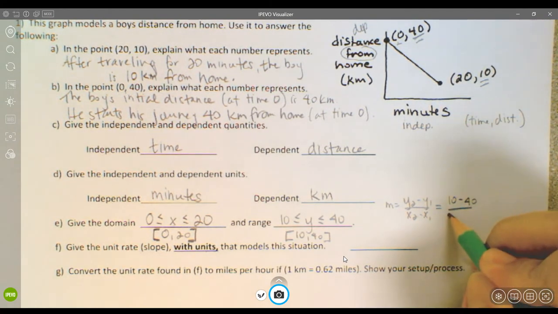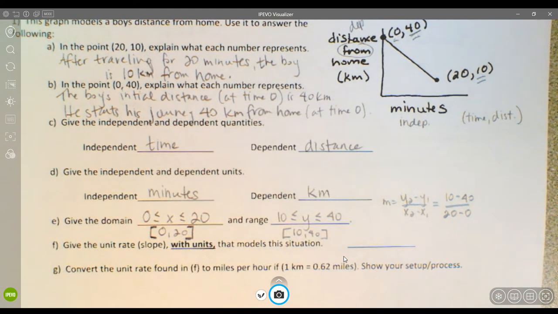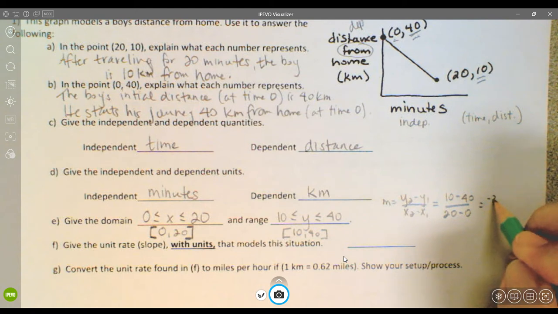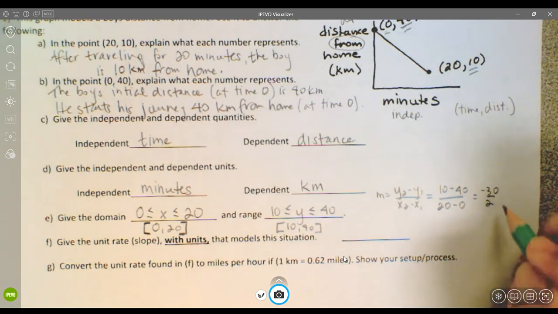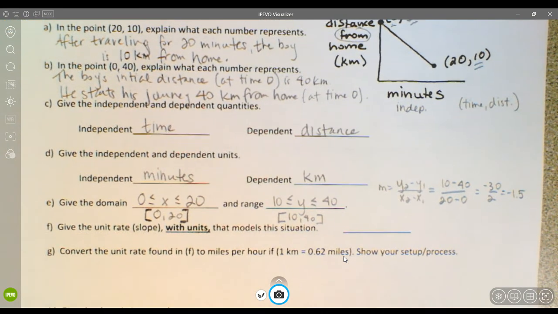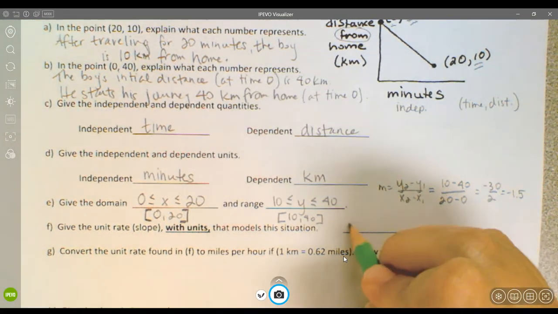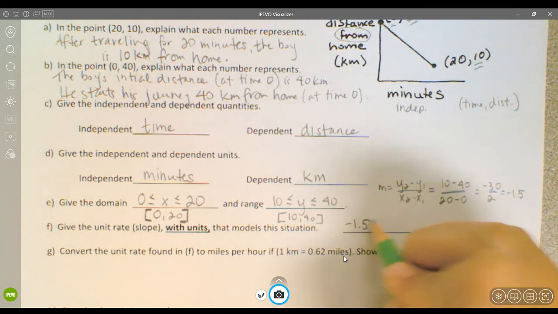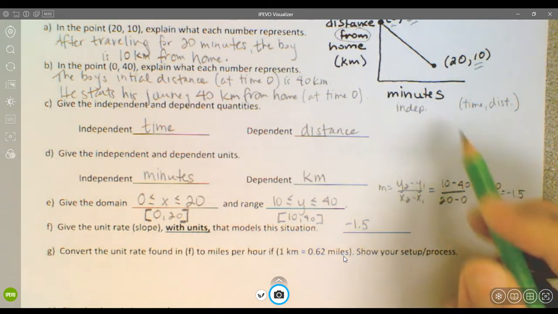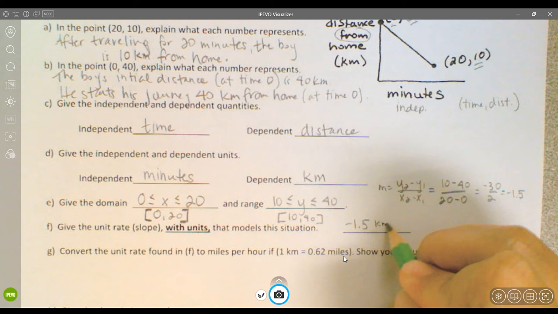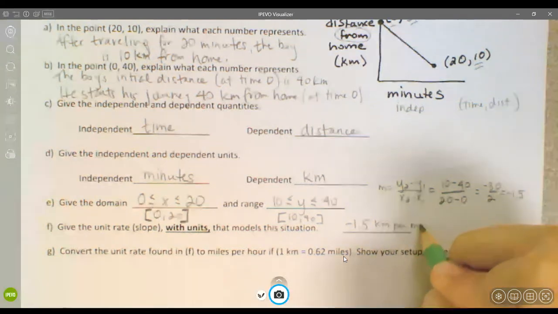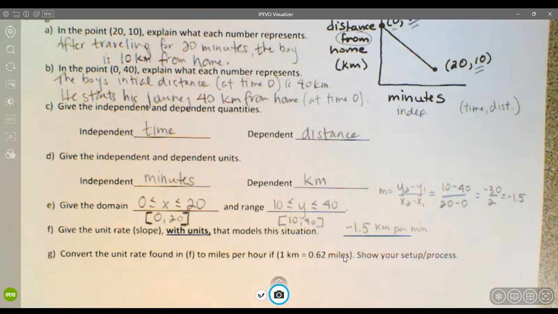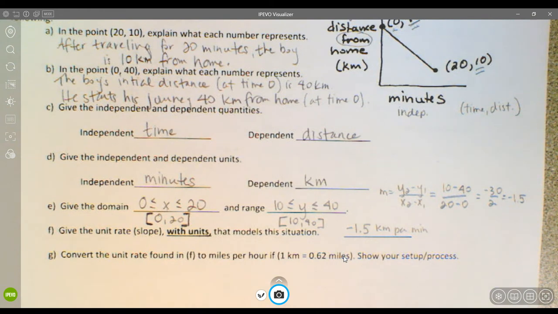Let's divide that by my second X of 20 minus my first X of 0. I'll get negative 30 divided by 20, which is negative 1.5. So the unit rate is negative 1.5 with units, kilometers per minute. So this child is traveling 1.5 kilometers per minute.